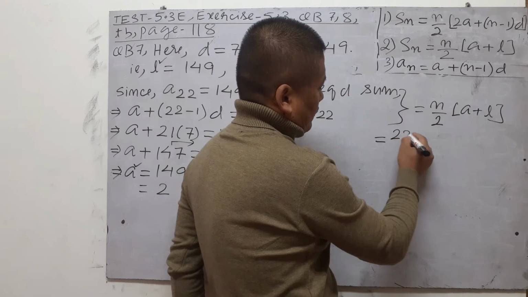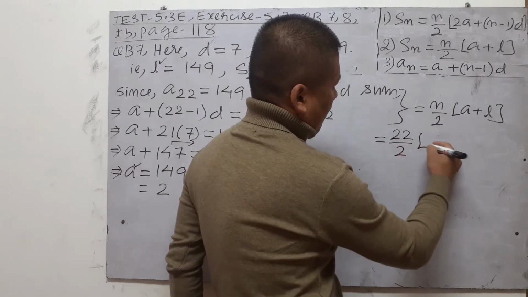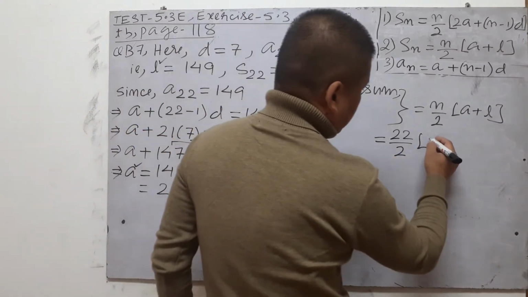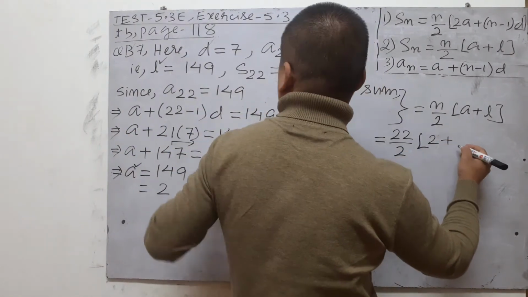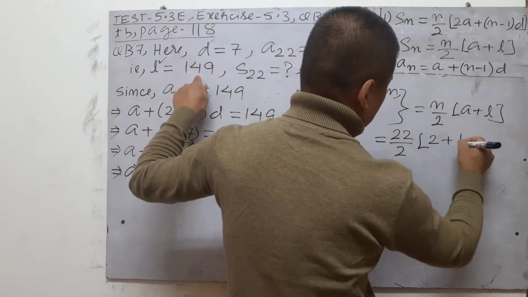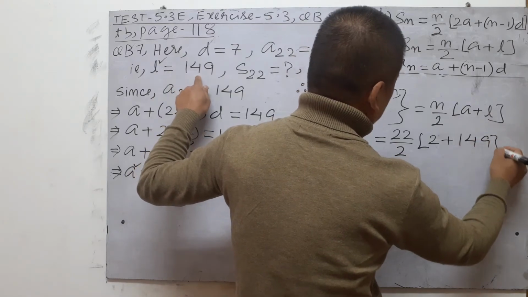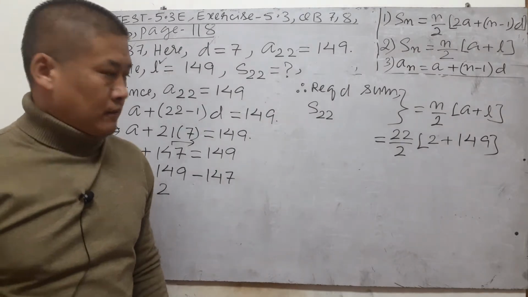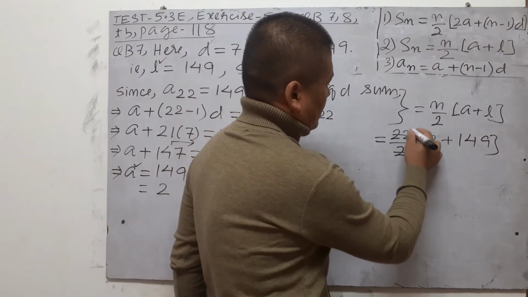Number of terms 22 divided by 2 into A value here is 2. So we can write that plus L value here. Last term value is the 22nd term value 149, because 22nd term is the last term, right? So 2 ones are 2, and here 2 into 11, 22.